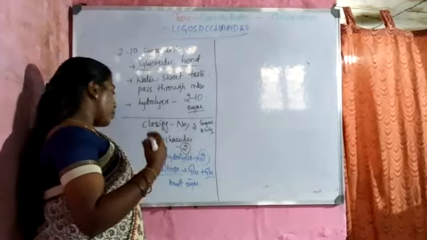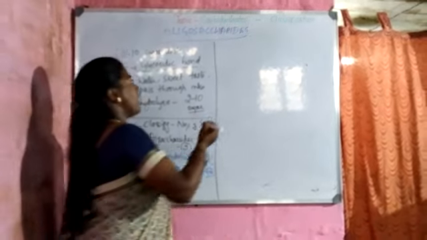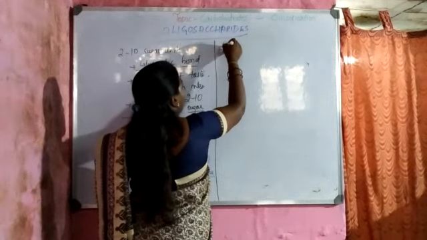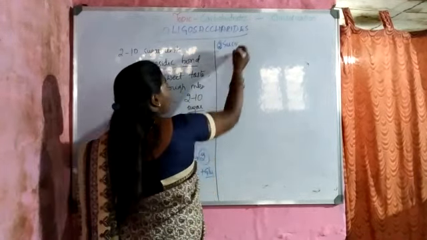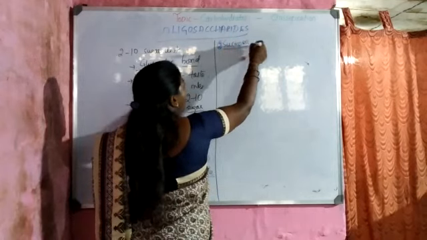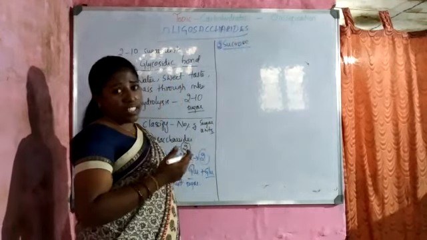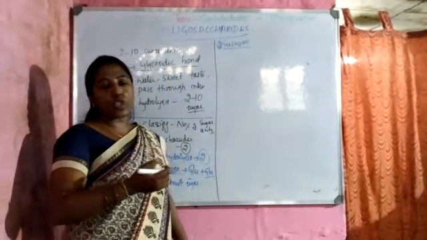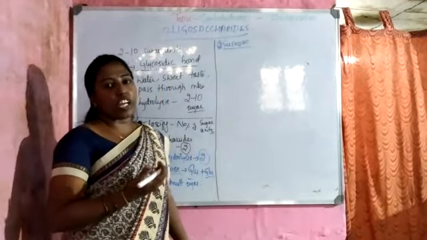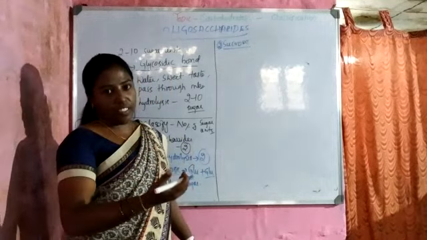One more example of a disaccharide is sucrose. The second example is sucrose. Sucrose is commonly called fruit sugar. It is also called cane sugar, and also table sugar, which we use every day.